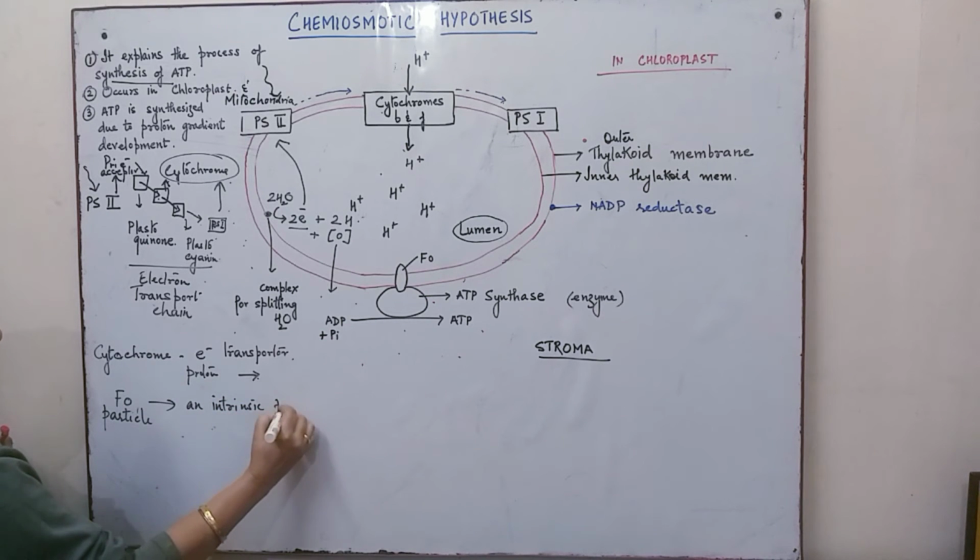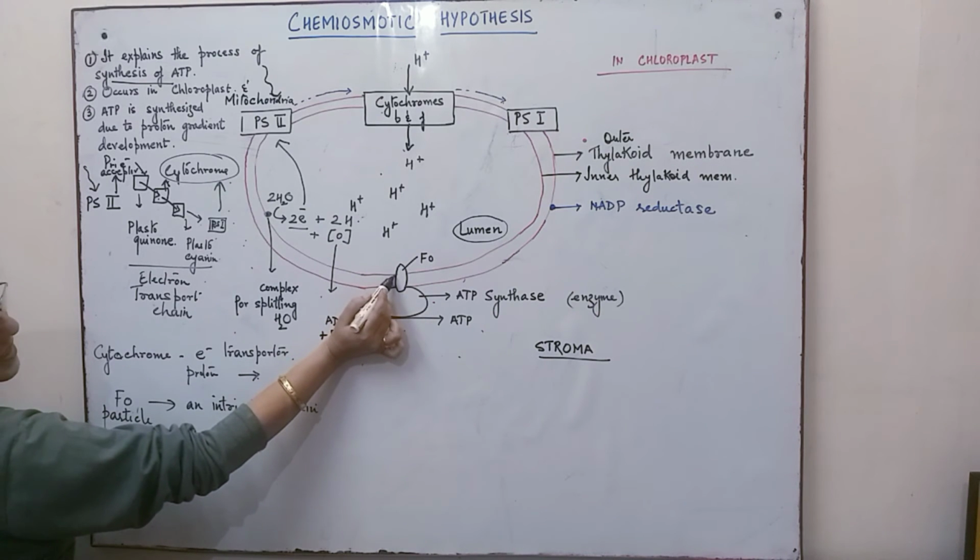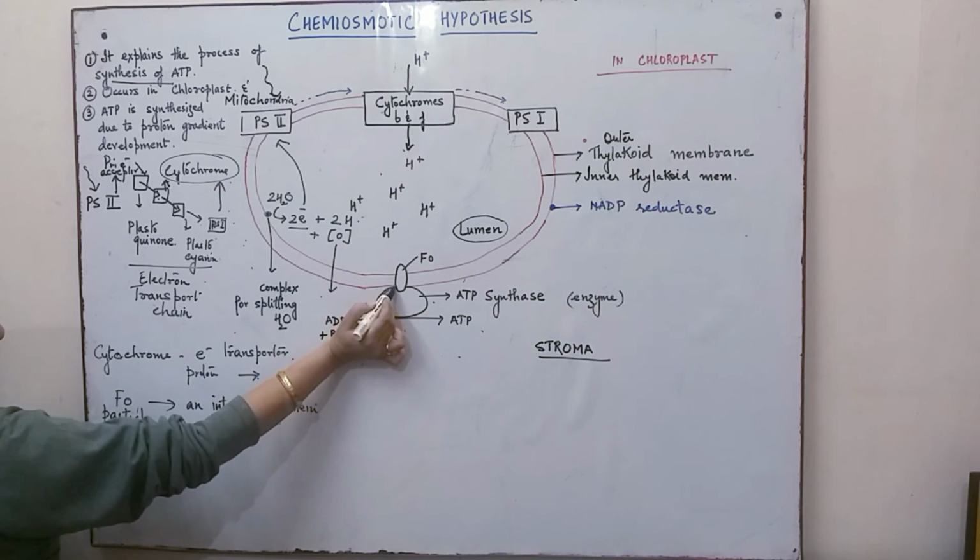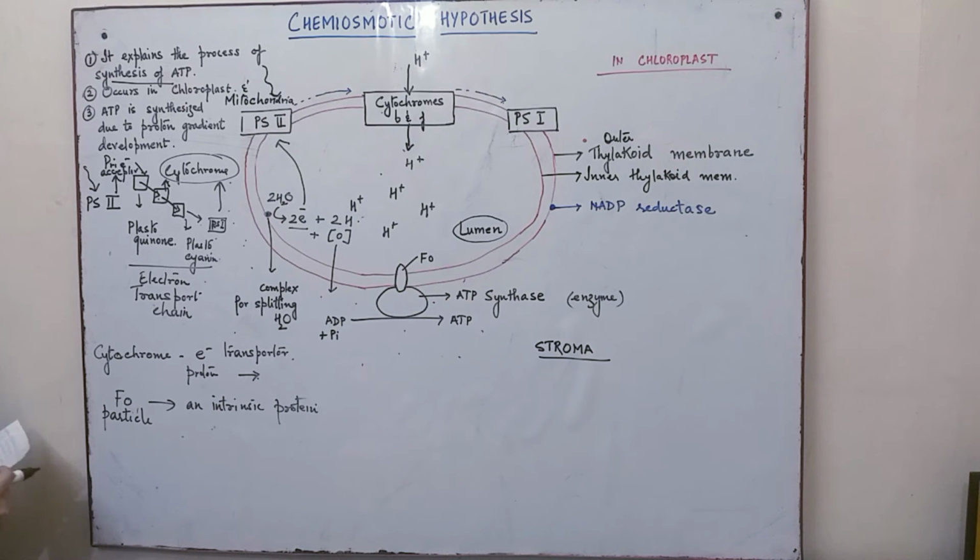It is an intrinsic protein because it is embedded within the membrane. Now, this F0 is also known as an integral protein because again it is present within the plasma membrane, the F0 particle.